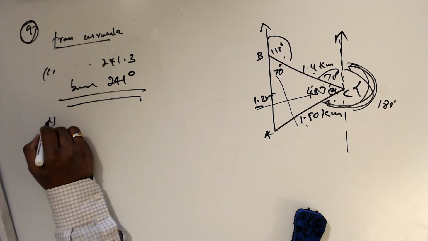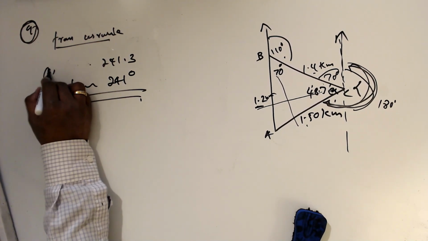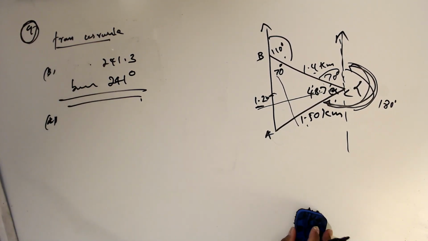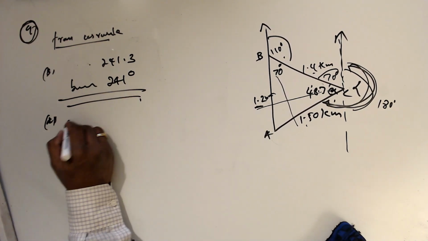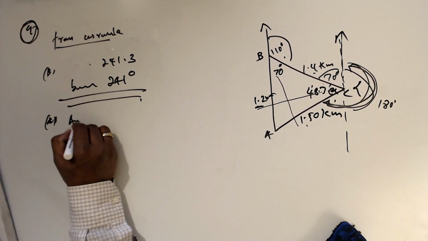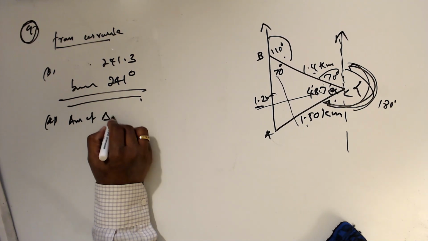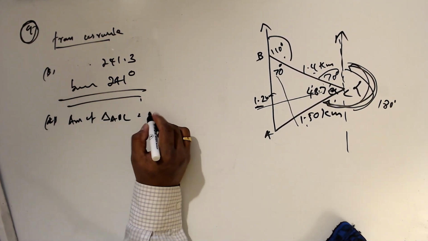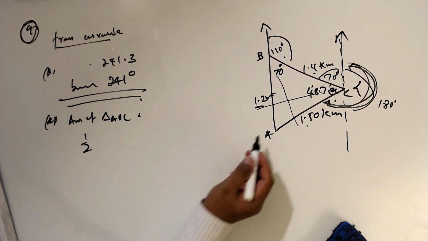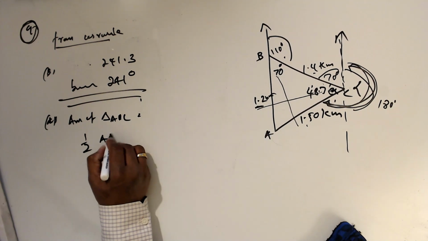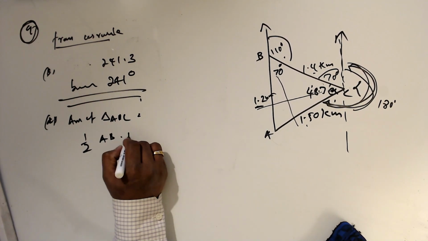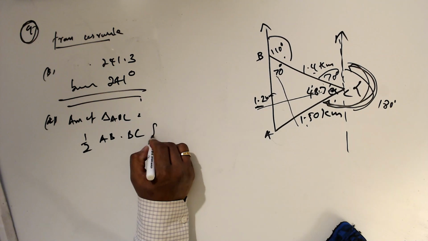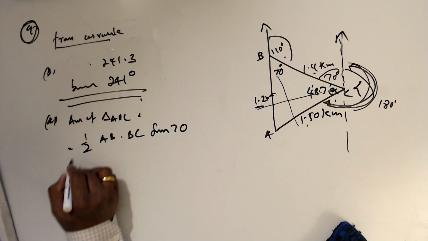And part C, the area. Area of triangle ABC is half AB times BC sine 70.